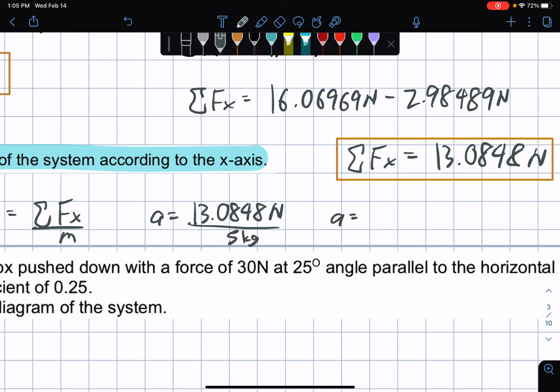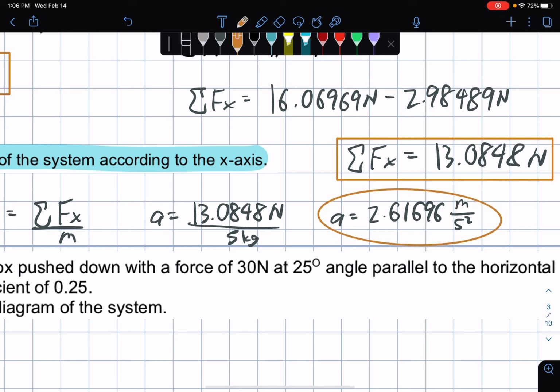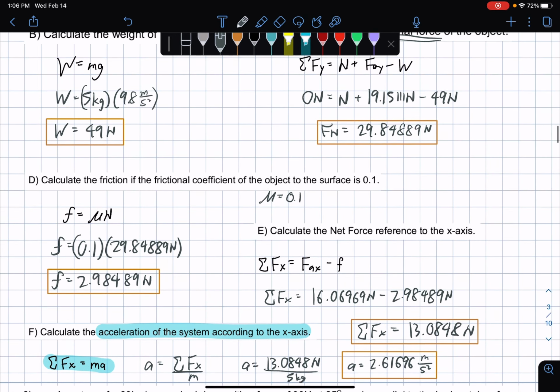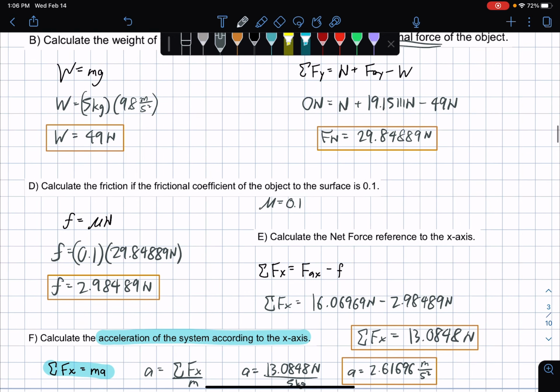What is that equal to? 2.61696 meters per second squared. So basically newtons over kilograms is equal to meters per second squared. I can't really justify that, but I'd rather memorize.